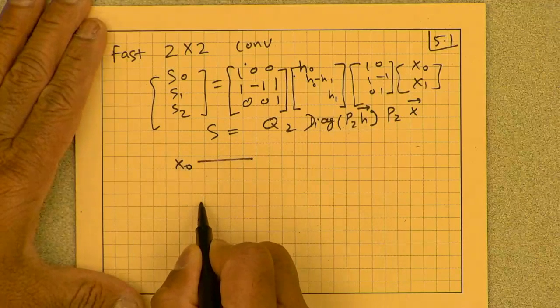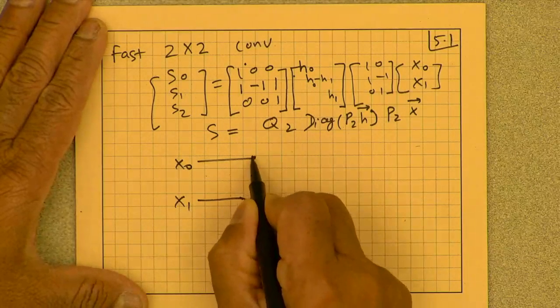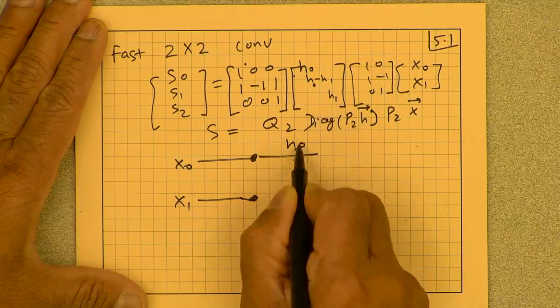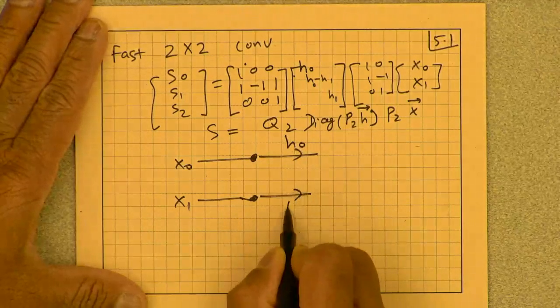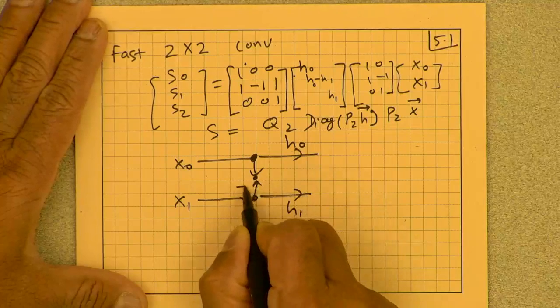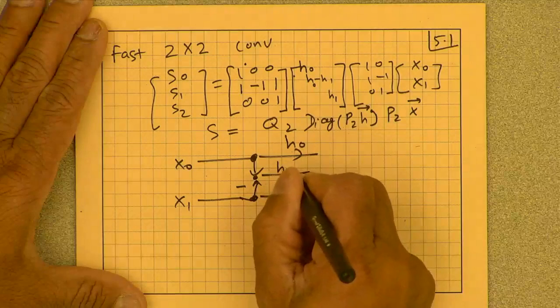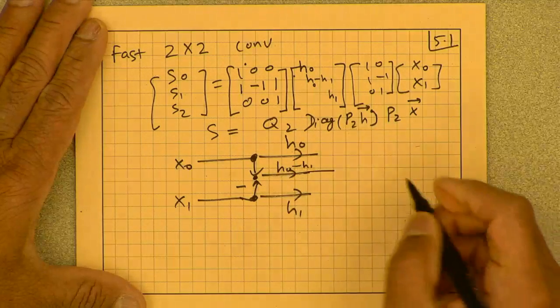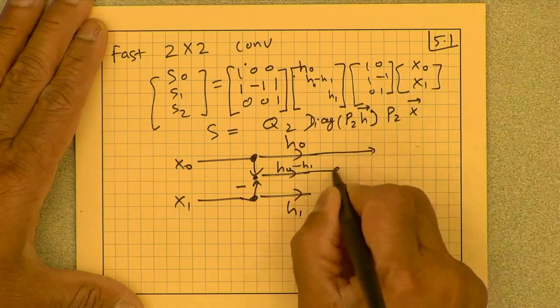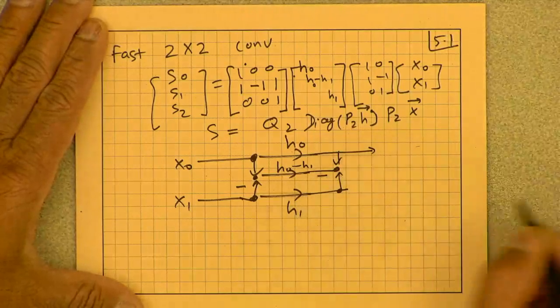If we start with x0 and x1, this is multiplied by h0 and h1, and then we take x0 minus x1 multiplied by h0 minus h1, and subtract this quantity.